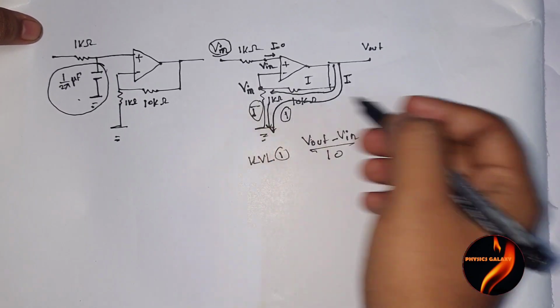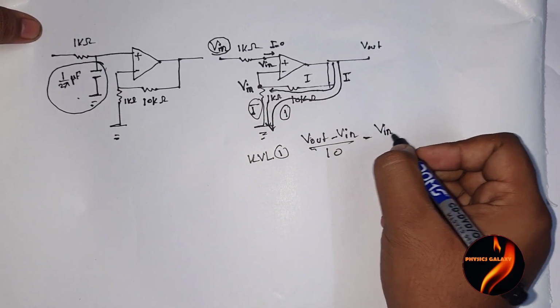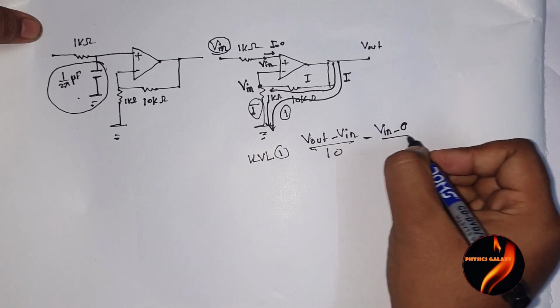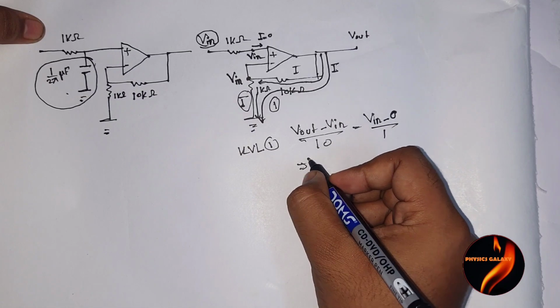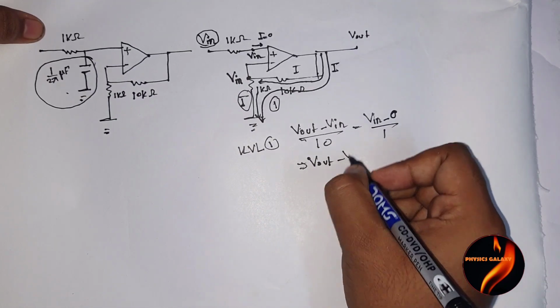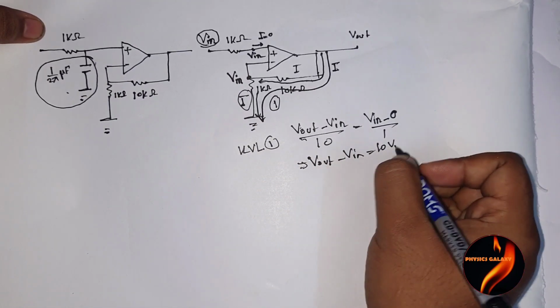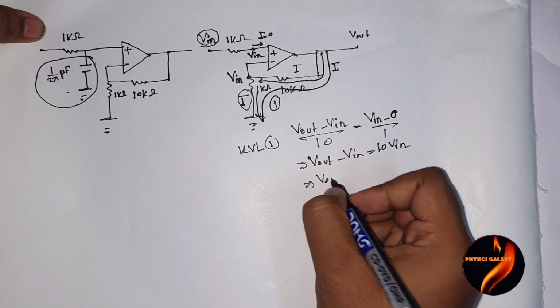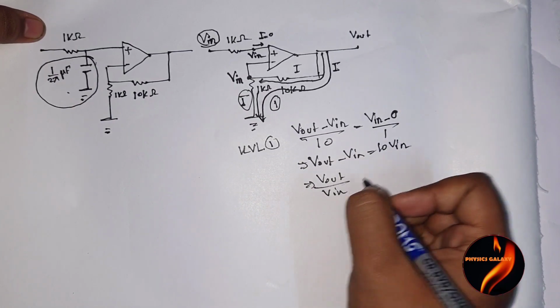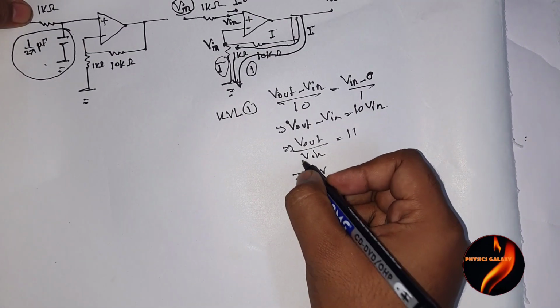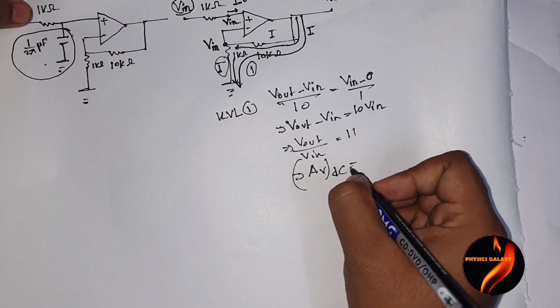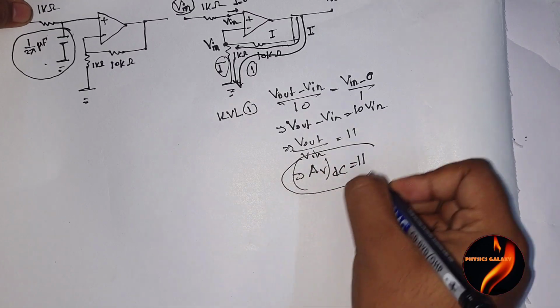The second current is V in minus 0 divided by 1. If we simplify this relation, V out divided by V in is nothing but 11. So the DC voltage gain of the circuit is 11.